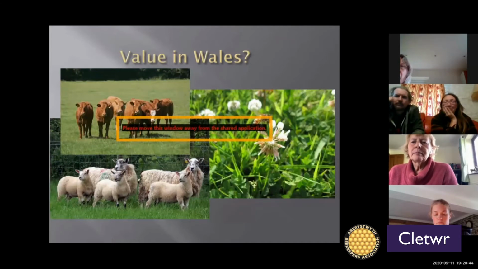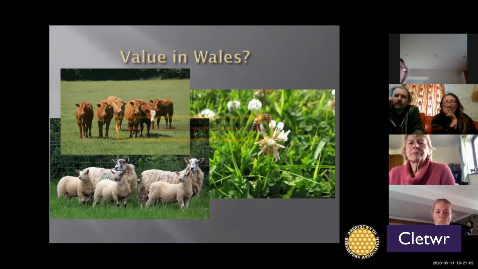Okay, so yes, thinking about the value in Wales, we obviously live in an environment that's dominated by grass, and grass isn't something that's useful to the honeybee, but we do also live in a very mixed mosaic environment. So as I say, the hedgerows are really important, and we have low chemical usage within the area.